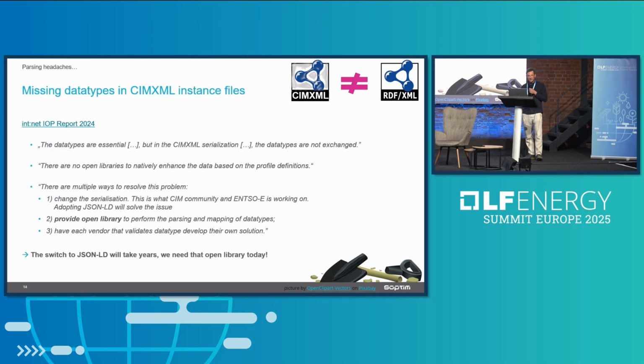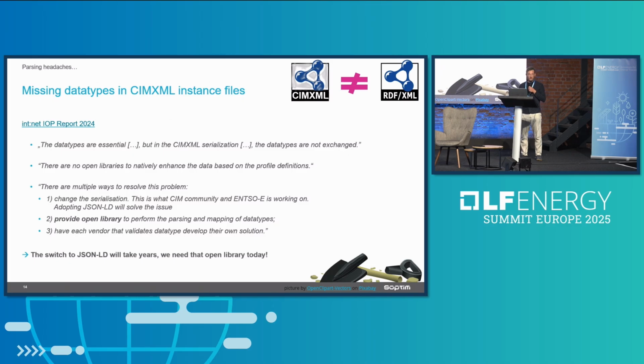And there are the missing data types. The IOP report from 2024 states data types are essential, but they are not exchanged. Okay, and it states there is no open library to enhance the data. And they list 3 possible ways to solve this. Change the serialization, away from XML to JSON-LD, that's the way the ENTSO-E is going.